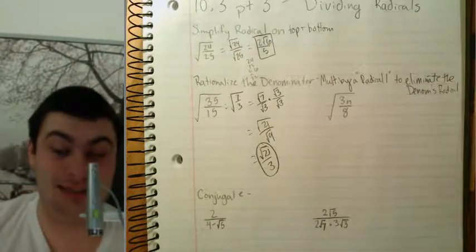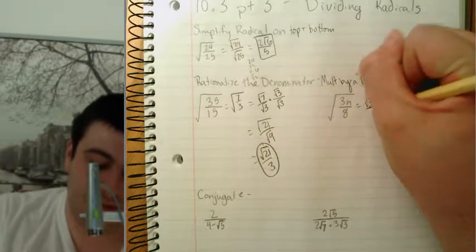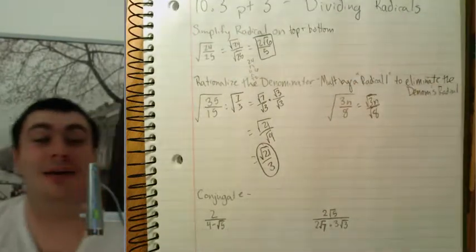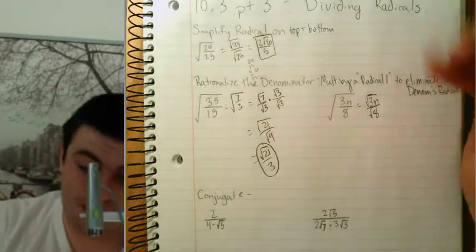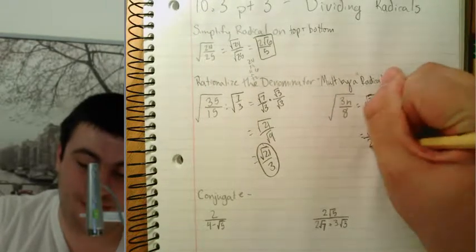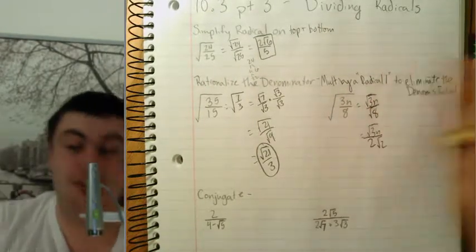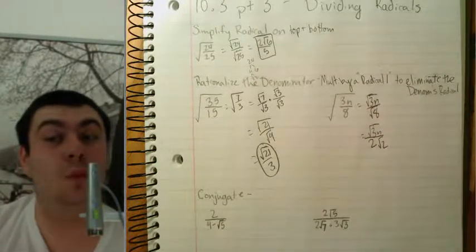Now, if we have the square root of 3n over 8, here's a situation where we can't simplify it inside. So we say that this is the square root of 3n over the square root of 8. I'm going to do us a favor and simplify that square root of 8 first. It's the square root of 3n over 2 times the square root of 2. Now I need to get rid of that radical 2, so what's my radical 1?